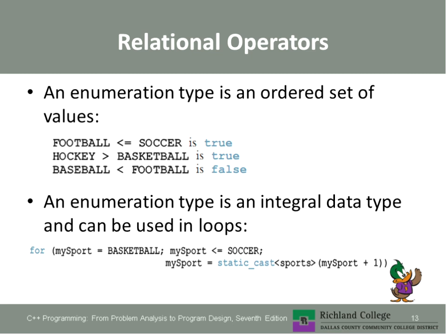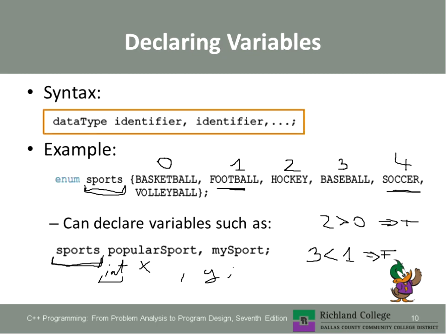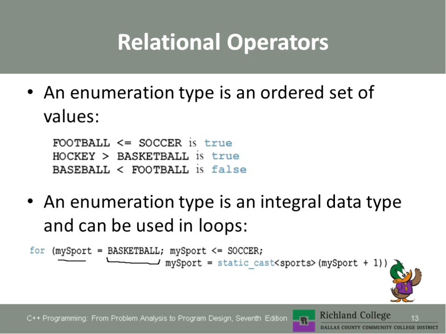Now, when we're using it in the for loop, right? We have my sport, and my sport needs to be initialized. So when my sport is initialized, let's say to basketball, you need to see that that is really initializing it to 0. So my sport equals basketball.